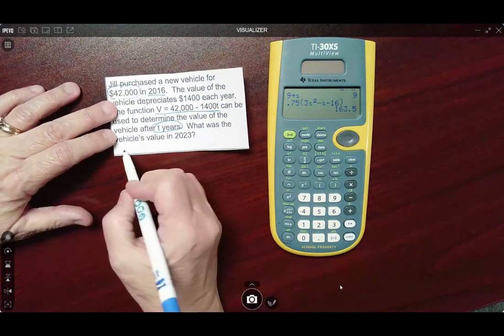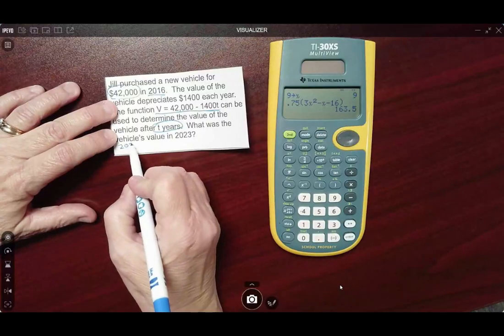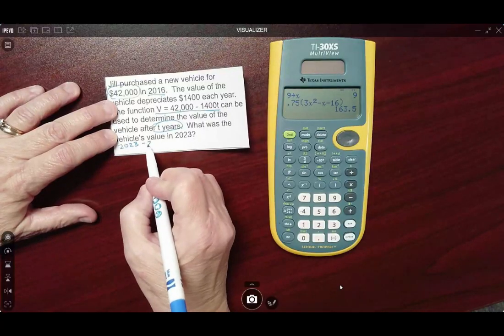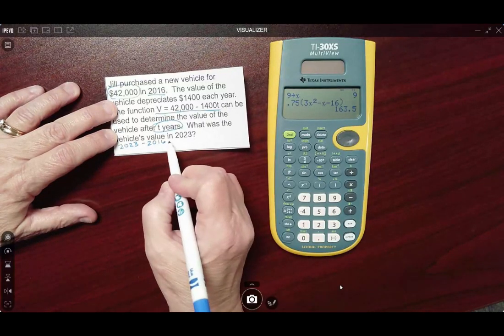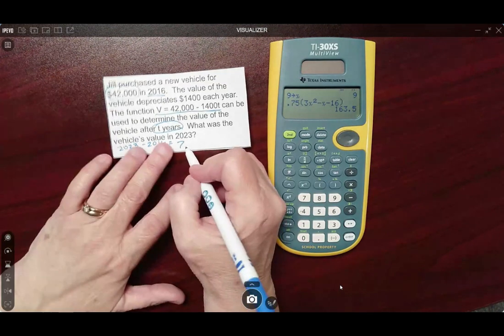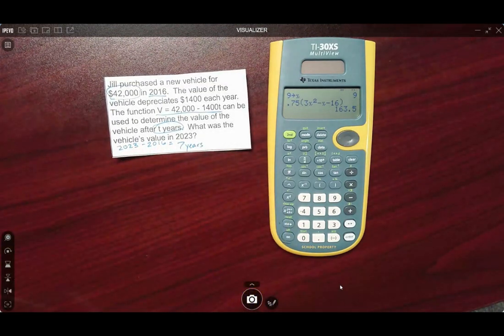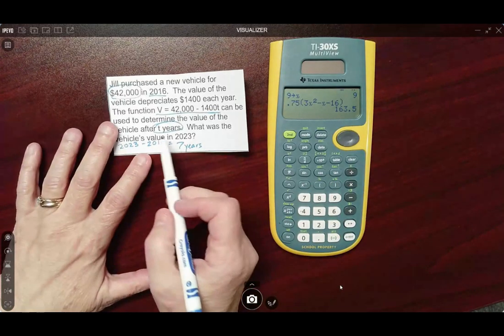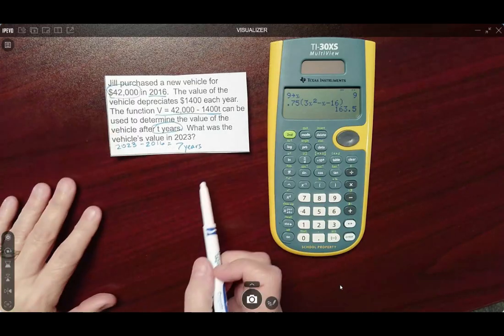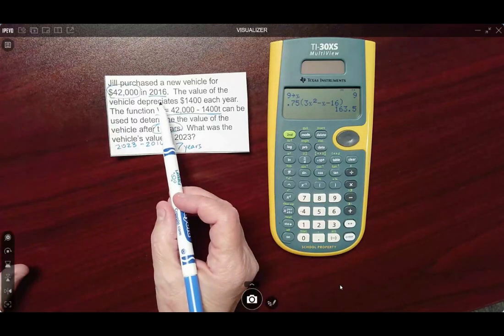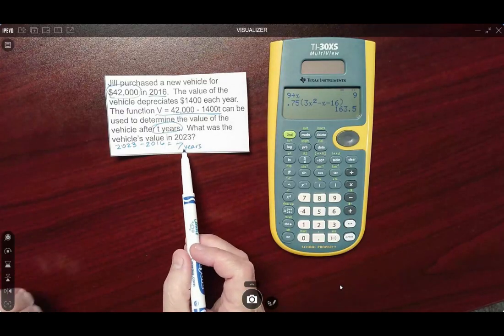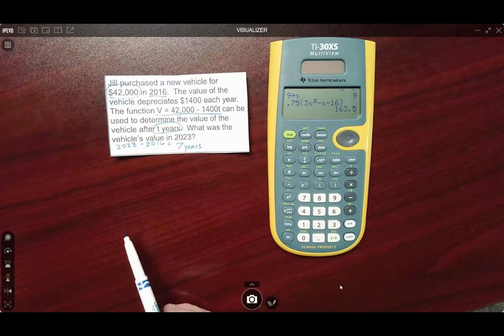If I take 2023 and subtract 2016, that tells me this is 7 years of owning the car and 7 years of the car depreciating. So 7 is how many years we're looking for. I know the value in 2016 was 42,000. I want to know the value in 2023. That's 7 years later.